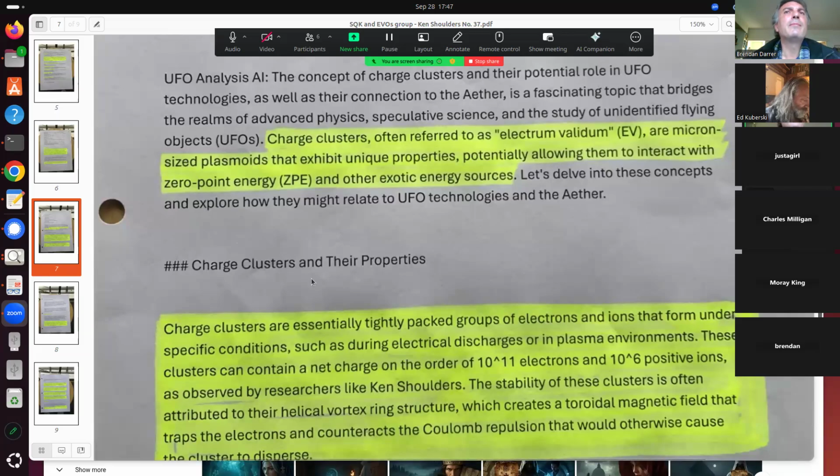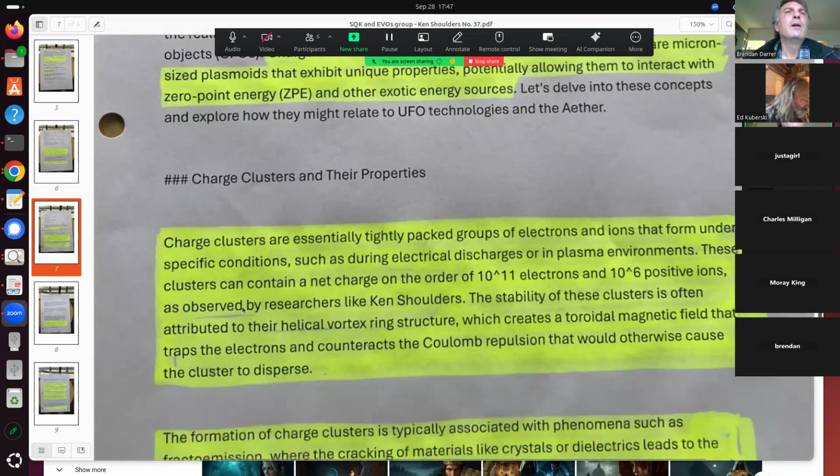Charge clusters and their properties. Charge clusters are essentially tightly packed groups of electrons and ions that form under specific conditions, such as during electrical discharges or in plasma environments.